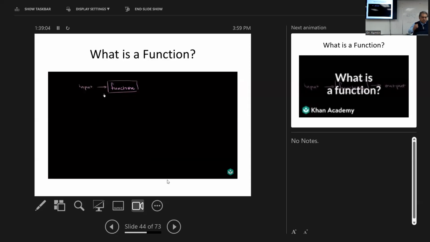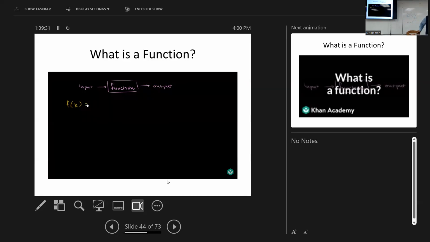It'll look at that input, do something to that input, and based on what that input is, it will produce a given output. So what is an example of a function? I could have something like f of x, and x tends to be the variable most used for an input into the function, and f tends to be the most used name for a function, but we'll see that you can use others.